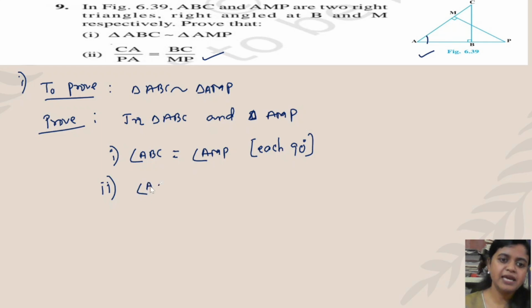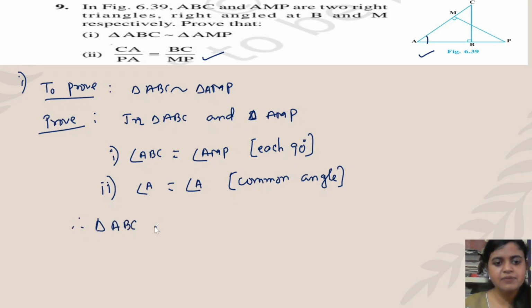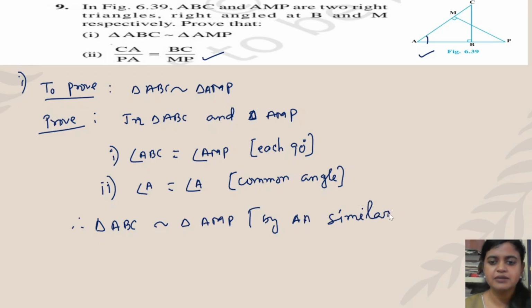So angle A equals angle A, that is the common angle of both triangles. Therefore triangle ABC is similar to triangle AMP by the angle similarity criteria.